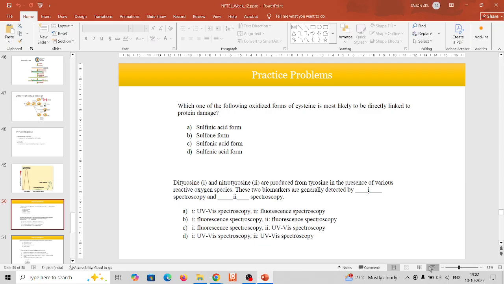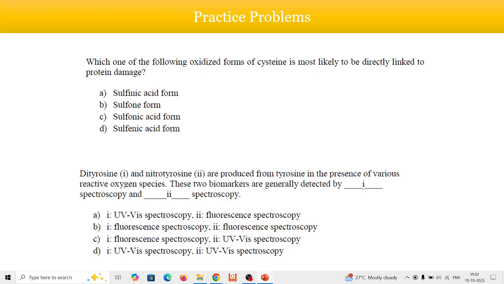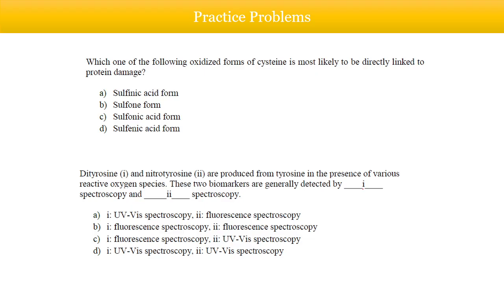So the first question says, which one of the following oxidized forms of cysteine is most likely to be directly linked to protein damage? Sulfonic acid form, sulfone form, sulfonic acid form, or sulfenic acid form?